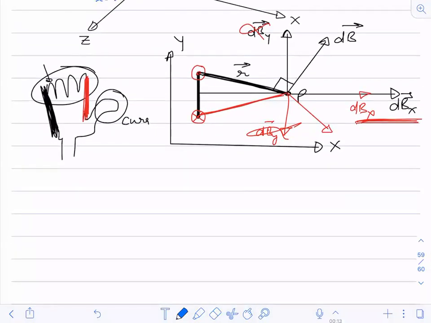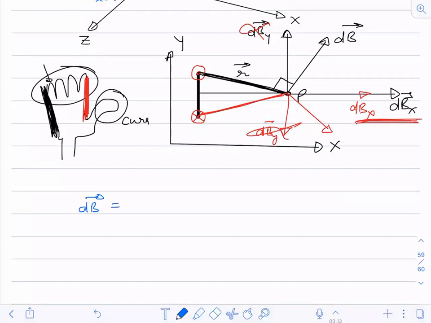So we have to find out the value now. First let me write the value of dB, then we will find out the value of dBx. What is the value of dB, the small magnetic field?